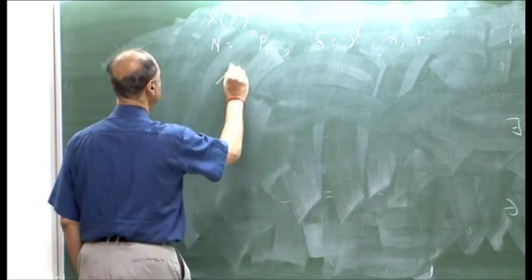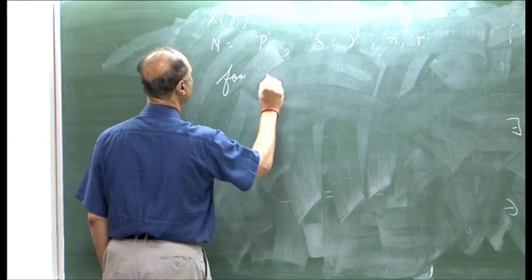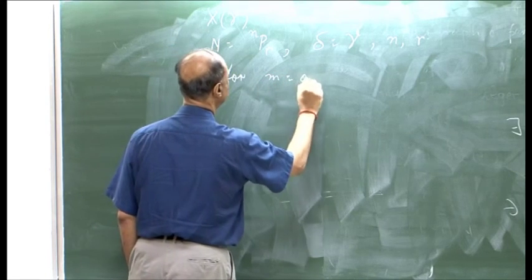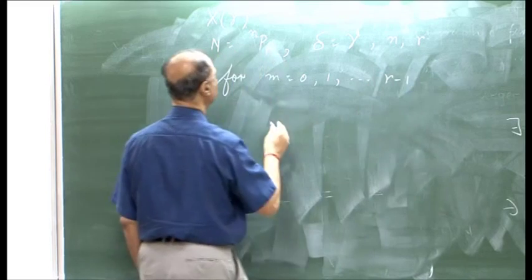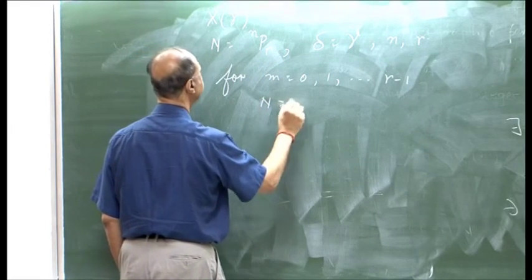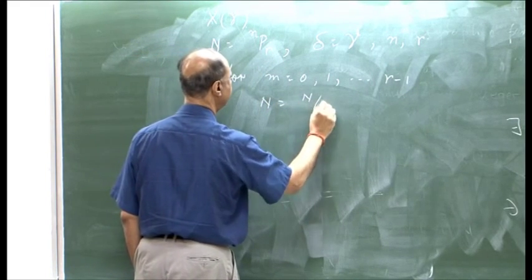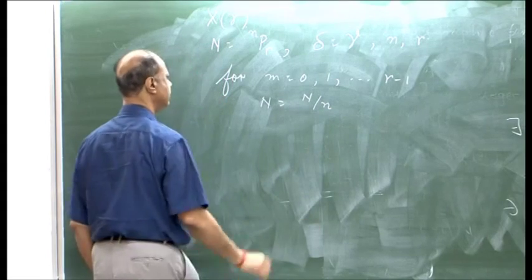Now for m equals 0 to r minus 1, you first define your N. N is N by n minus m.